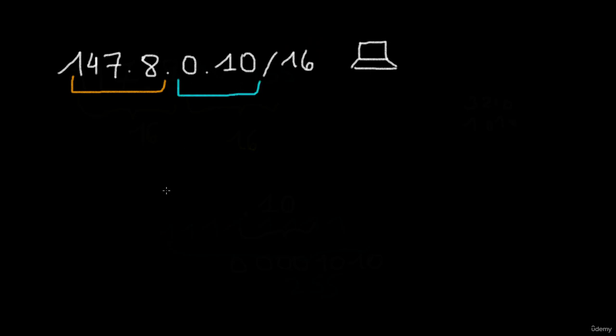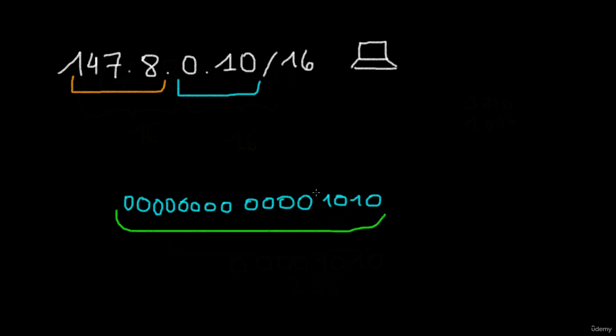So this 0 in 8 bits is the same as 0000 0000, and this 10 is the same as 0000 1010. So this is now the host ID. All this value here of 16 bits is the host ID. Is this a valid value? Yes, of course, because not all of the bits are zeros, and neither are all of them 1. So this is a valid host ID.